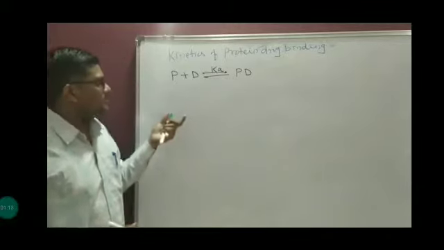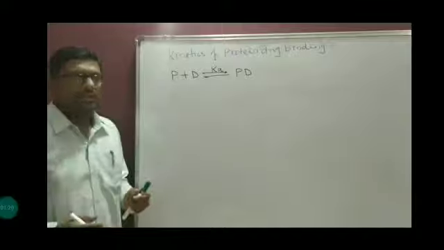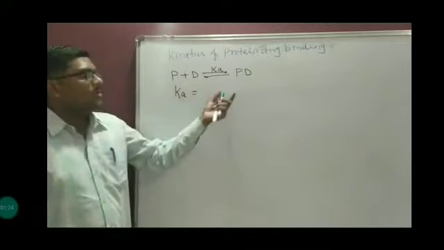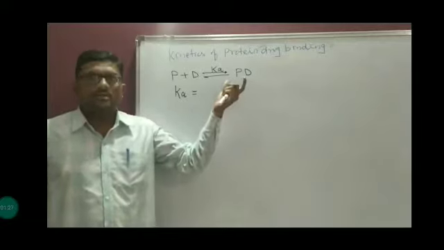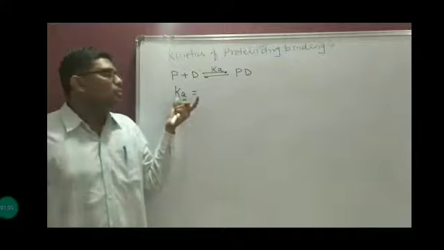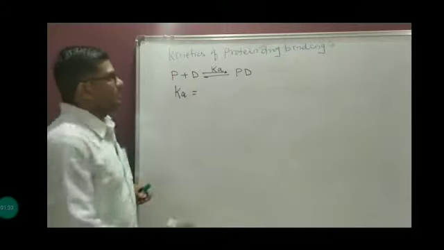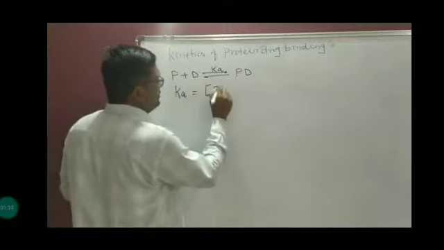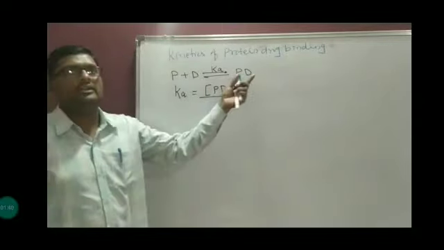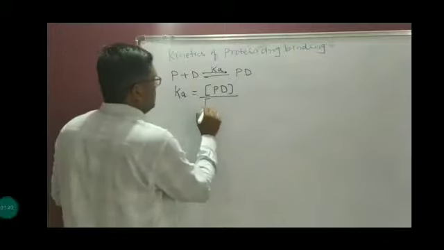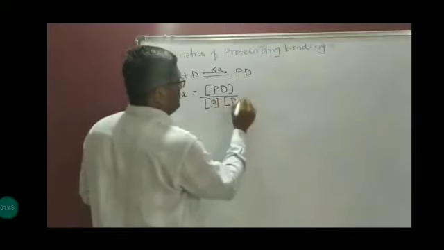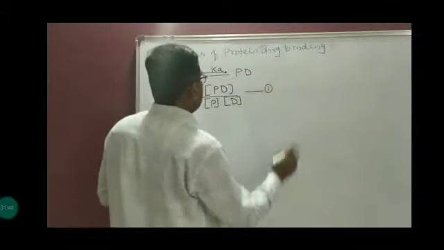It can be expressed as a ratio, Ka. It is a ratio of molar concentrations: the molar concentration of product divided by the molar concentration of reactants. So the molar concentration of product, that is the concentration of PD, the protein drug complex, divided by the molar concentration of reactants. Consider this as equation 1.